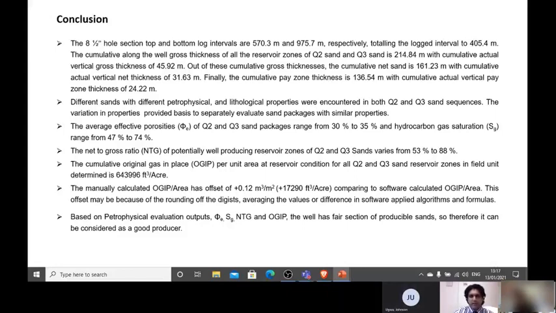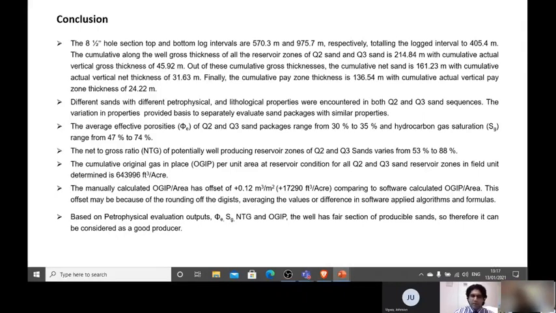The cumulative original gas in place at reservoir condition in field units is 643,996 cubic feet per acre, whereas manually calculated original gas in place per unit area has offset of plus 17,290 cubic feet per acre.